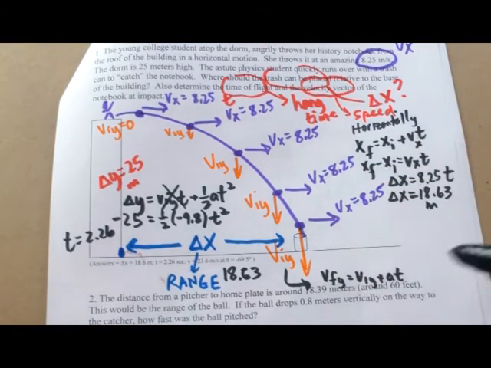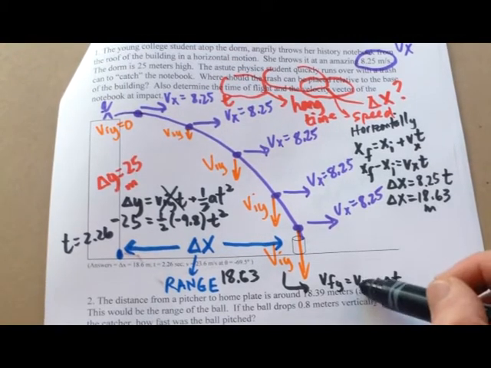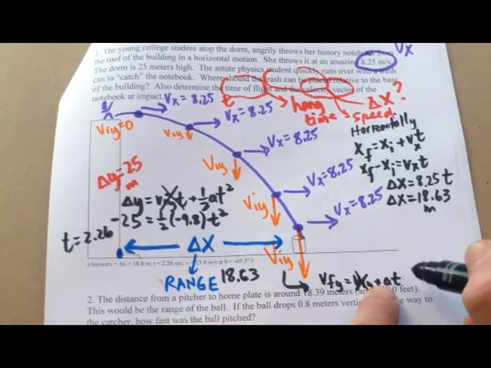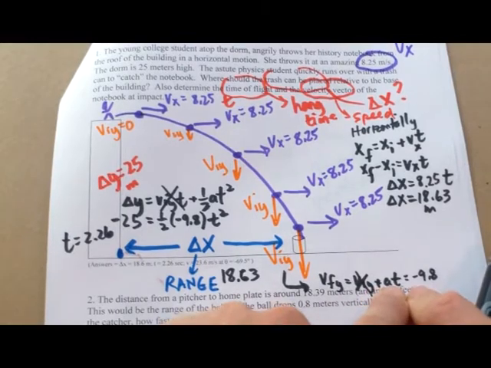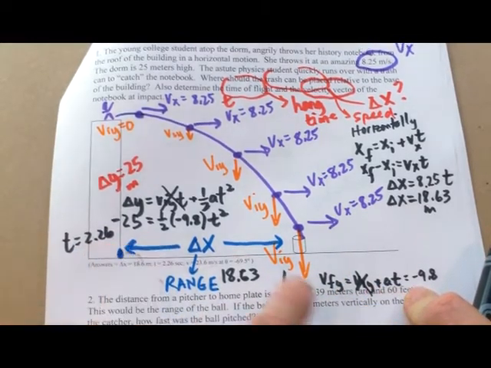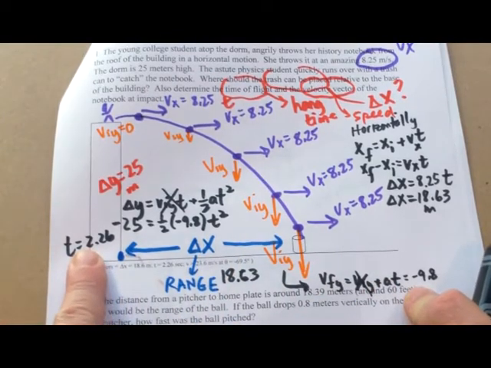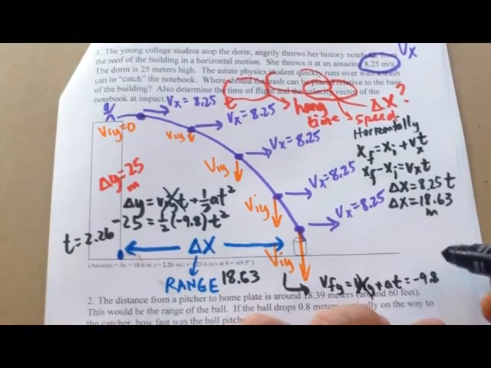Notice we're using like all of our equations here, right? Well, we know vertically it's not moving initially. We know this A represents negative 9.8, and this T represents, we'd like to get the velocity right at the end of its trajectory. So that T represents 2.26.